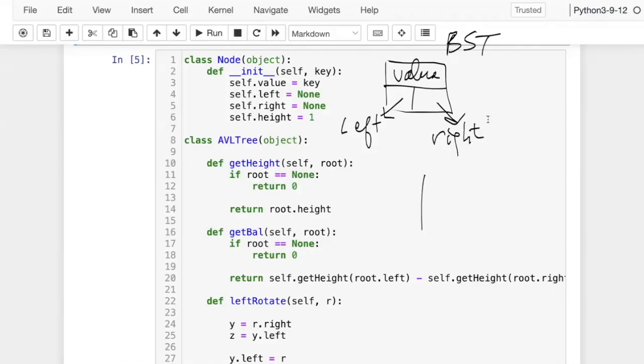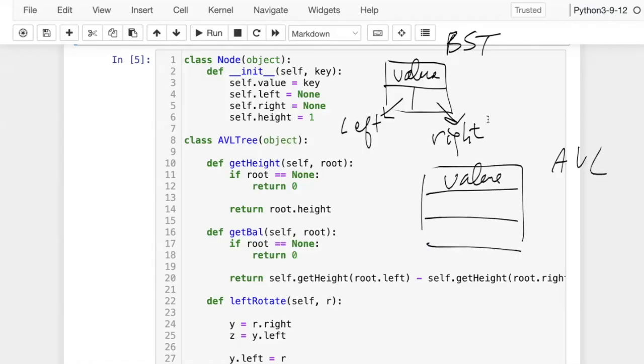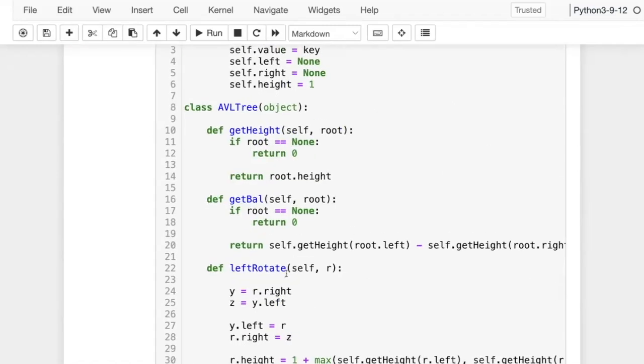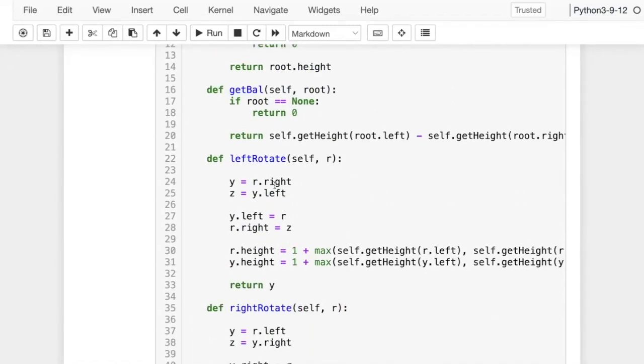Then for AVL, we will add a height. Then we can implement left rotation. Whenever we do a rotation, we need to recalculate the height. So that's here. Either we do a left or we do a right rotation.